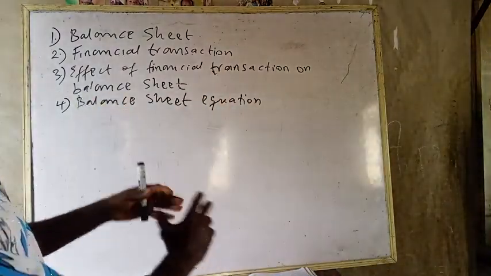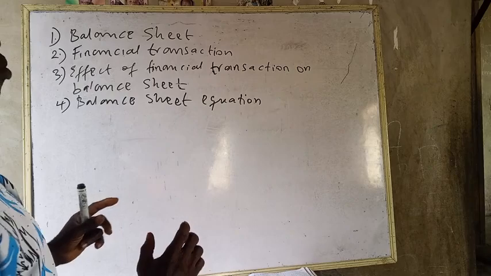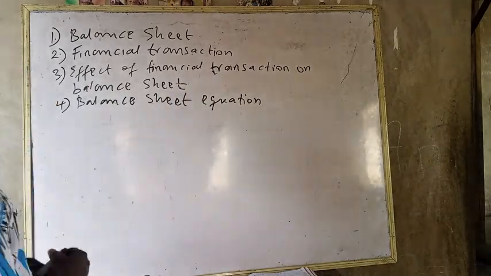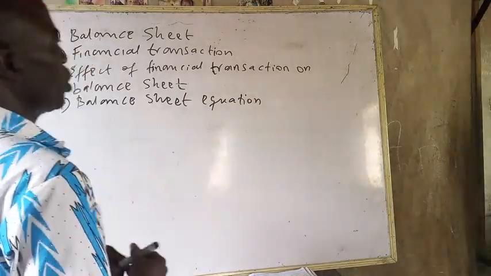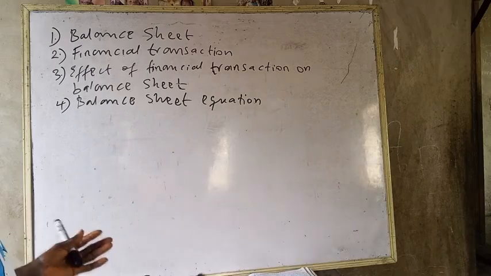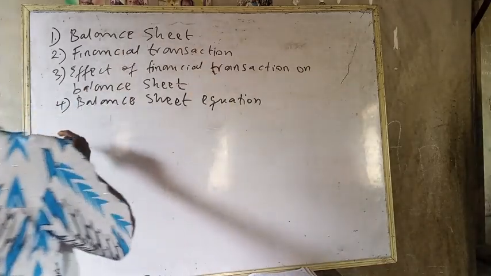So this transaction affects the balance sheet. This is what we are going to break down step by step. If you watch the video from the beginning to the end, you will never forget the effect of business transactions on the balance sheet. What is a balance sheet?